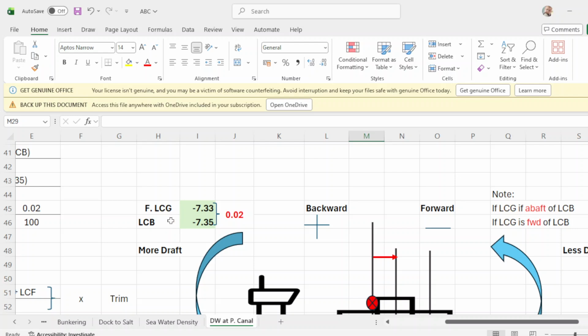Since your LCG and LCB are both negative, they are measured from midship going forward.